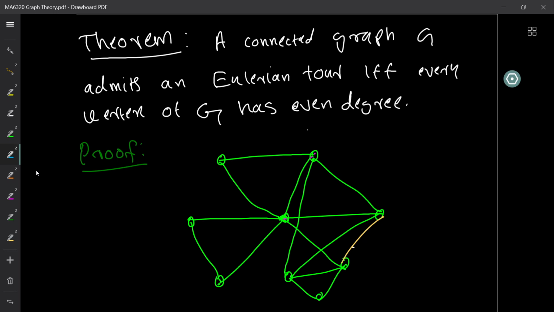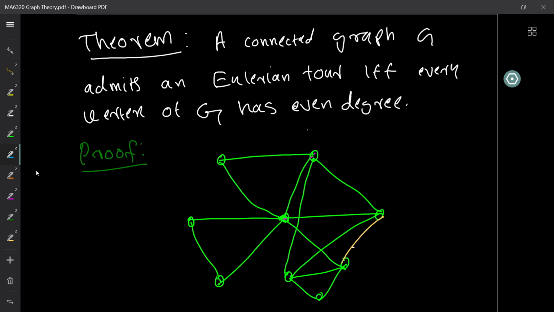Now, if a graph is Eulerian, then we first have to show that every vertex has even degree, and then we have to show that if a connected graph has even degree for every vertex, then the graph must also be Eulerian. Now let us first prove the necessity.